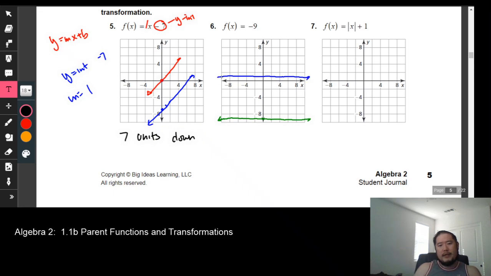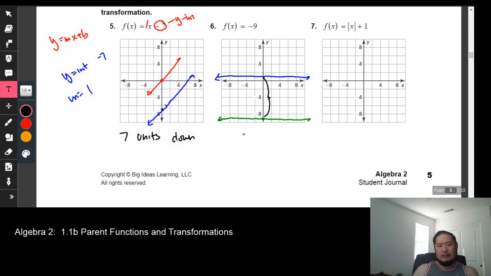What ends up happening is that students will look at just the equation and think, oh yeah, it went down 9 units, because that's what it says, negative 9. However, it is a little tricky here, because if you think about the parent function, it's up here at positive 1. So in actuality, what happens is that it shifted a total of 10 units down.